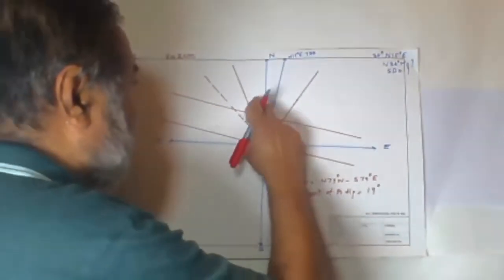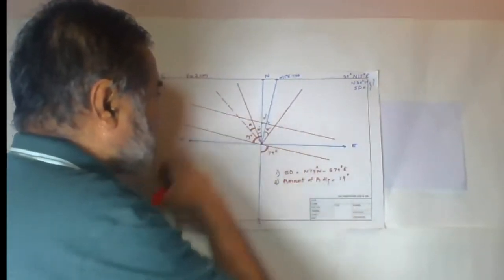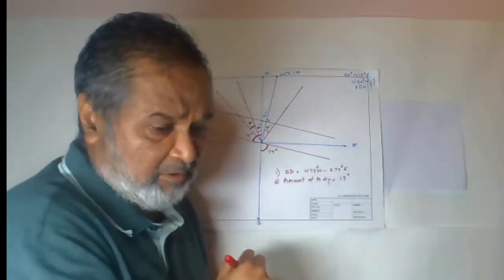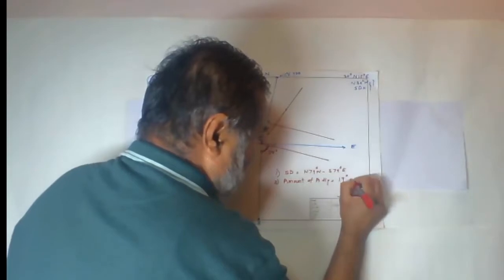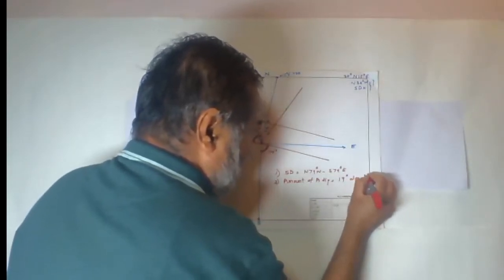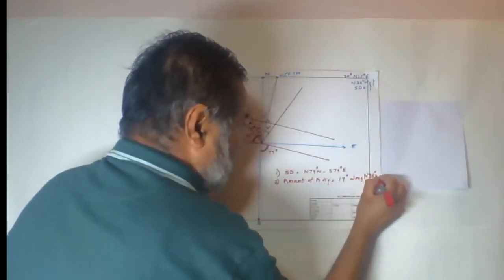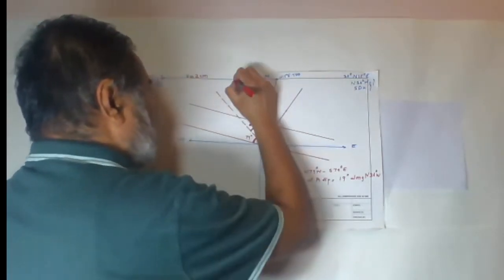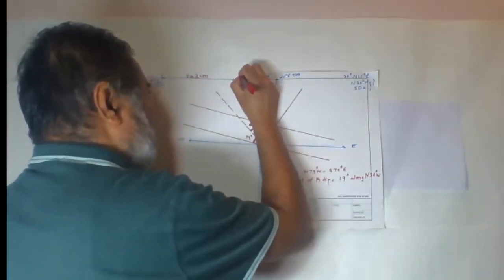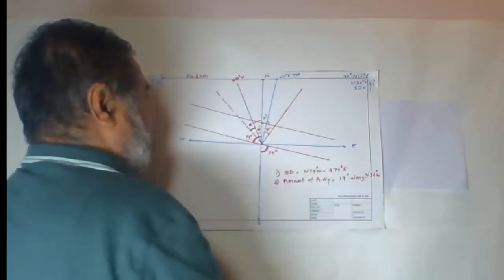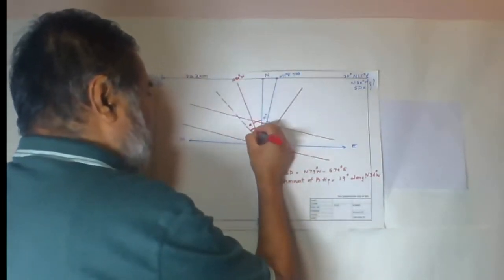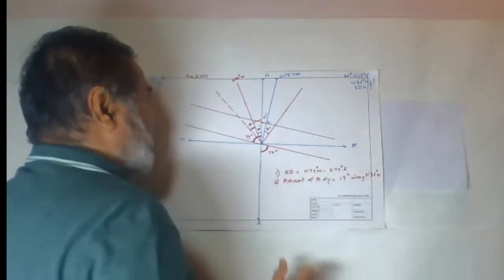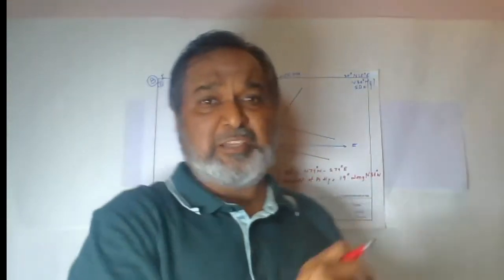So this much, that is the north 30 degree west, because we have taken with respect to this one, and this is the 30 degree. So this is the north 30 degree west, and this is the addition. We are going to get this particular point as 19 degree. So this is the way the problem has been solved.